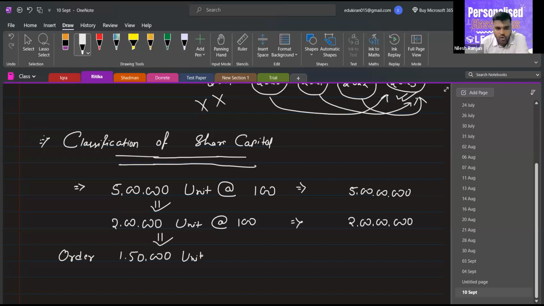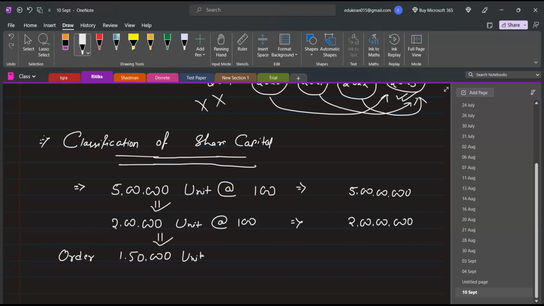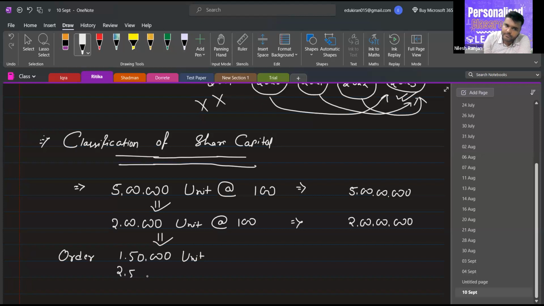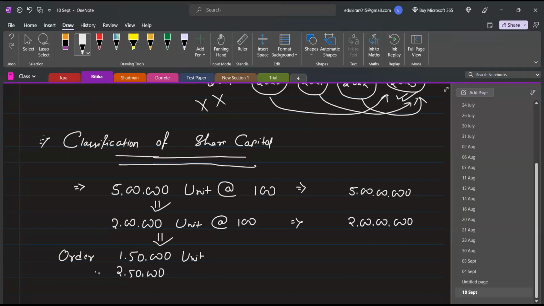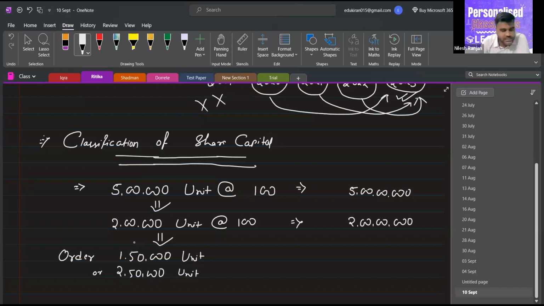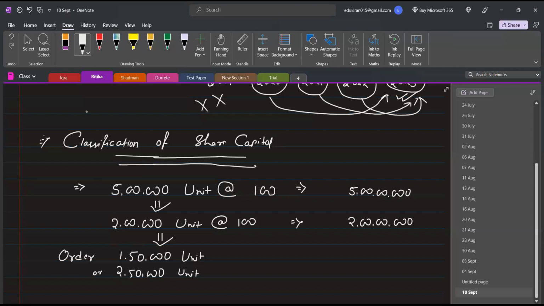If the total order is for 1,50,000 units, then how many units can be sold? 1,50,000. And if the order is for 2,50,000? Then we can only sell 2 lakh units. Yes. So you can say that whichever is lower of these two will be sold. Yes, sir.